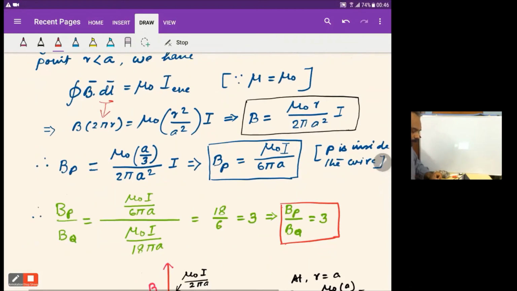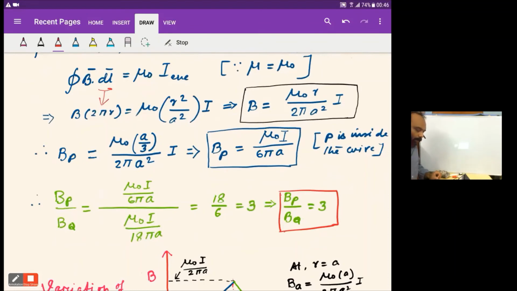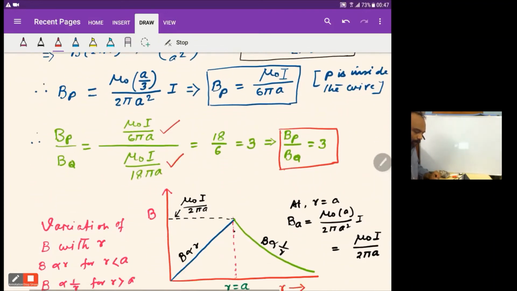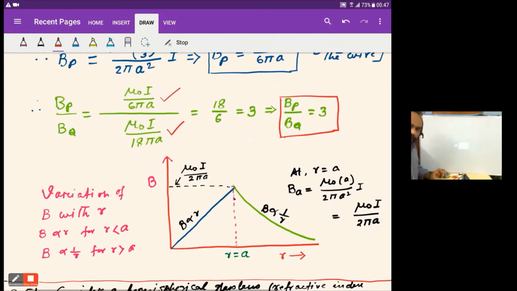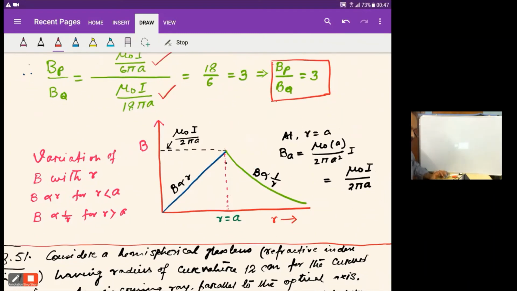Therefore, the ratio BP by BQ is equal to mu 0 I by 6 pi a divided by mu 0 I by 18 pi a. That gives us 18 by 6, that is equal to 3. So the ratio is 3. We can see how the magnetic field varies with distance R.